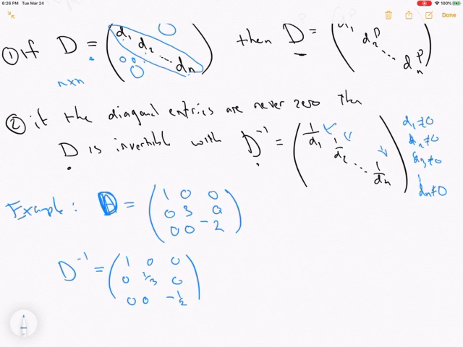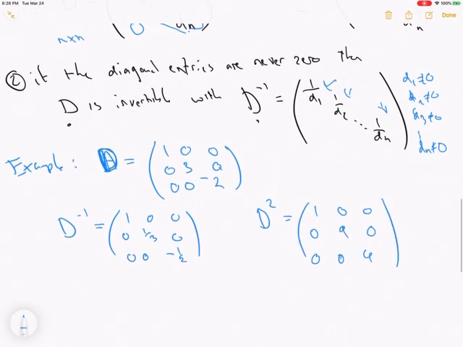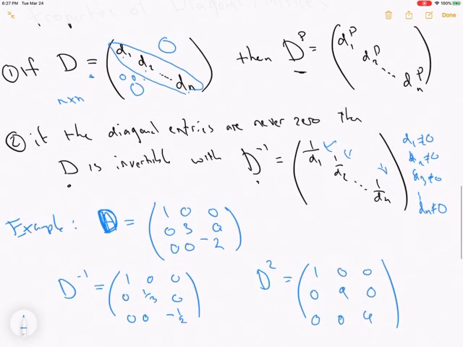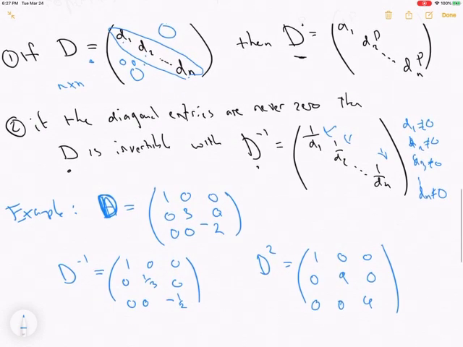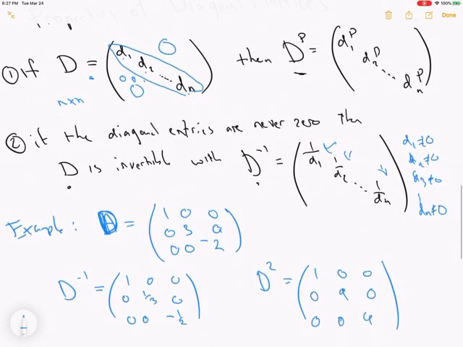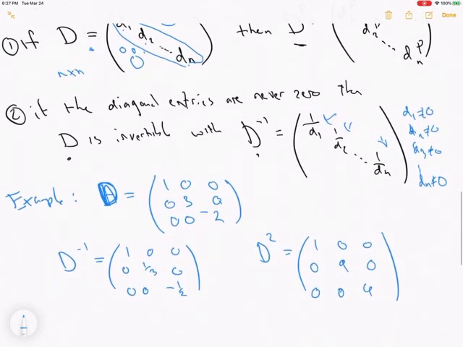You just take the reciprocal of all of the diagonal entries. And for example, D squared would be the matrix 1, 0, 0, 0, 9, 0, 0, 0, positive 4. So diagonal matrices are pretty easy to invert, and they're very easy to exponentiate.